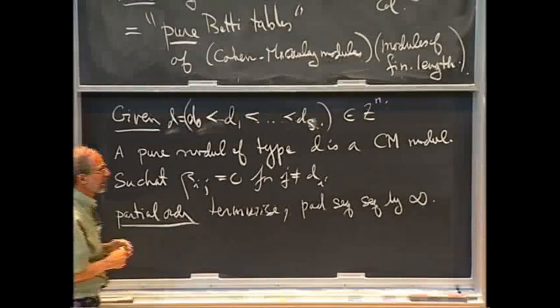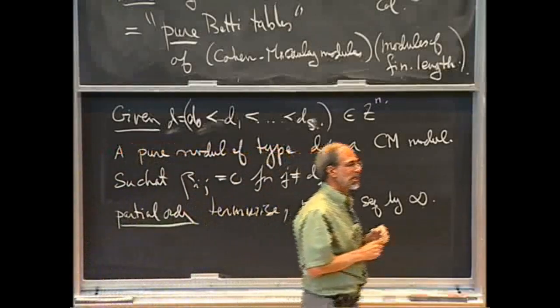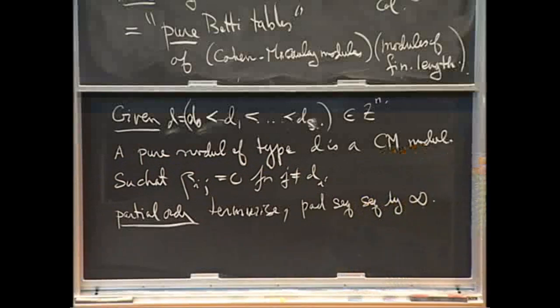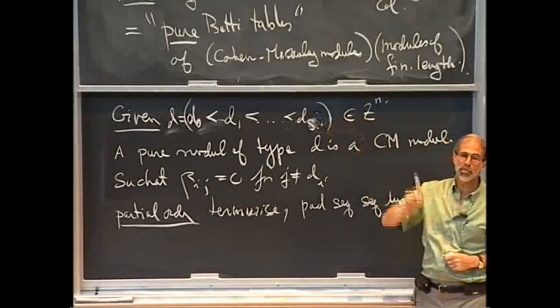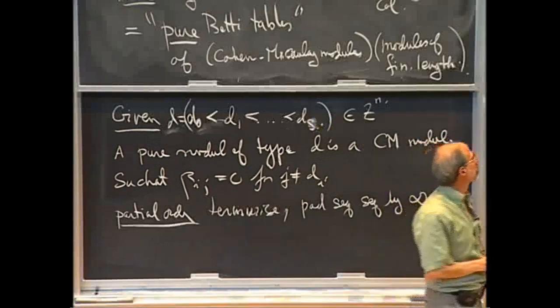And the first remark that Boij and Söderberg made was that these are always independent functions. It's a kind of Vandermonde situation. And so for any pure type like this, there is a unique ray of possible Betti tables.